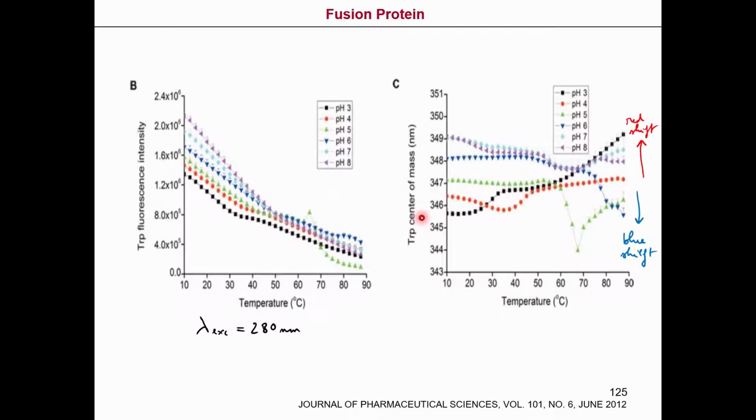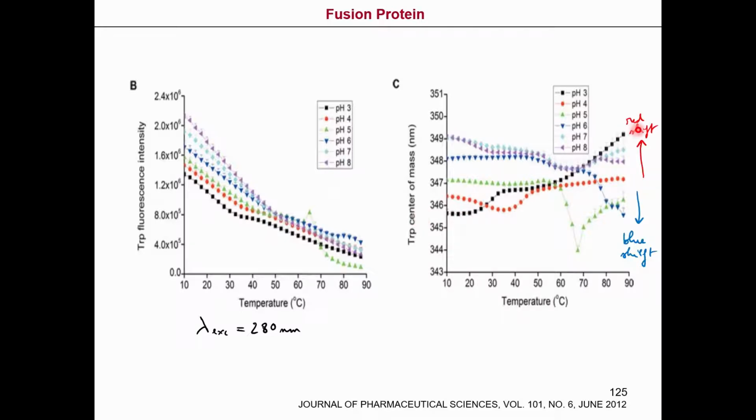When you increase the temperature, you unfold the proteins, so the tryptophan becomes surrounded by water because you have the denaturation of your proteins. And you should know that the fluorescence is very sensitive to the polarity of the solvent and the polarity of the tryptophan environment. And when the polarity of the tryptophan environment increases, it means when the tryptophan is surrounded by more and more water, you observe a redshift.